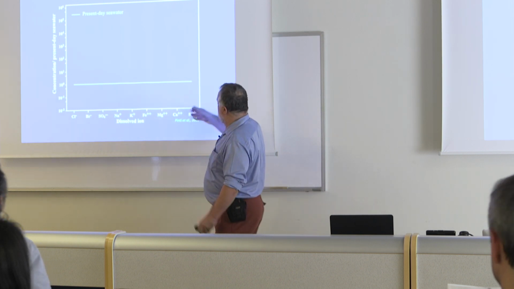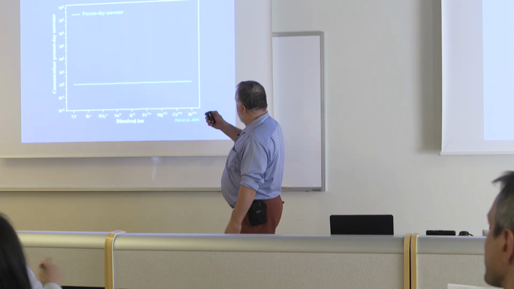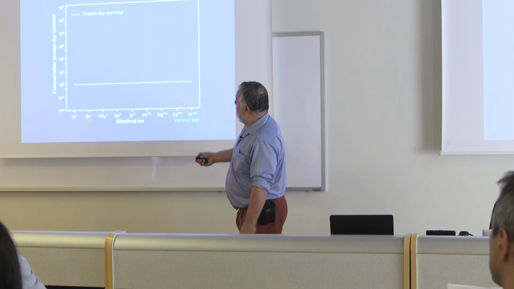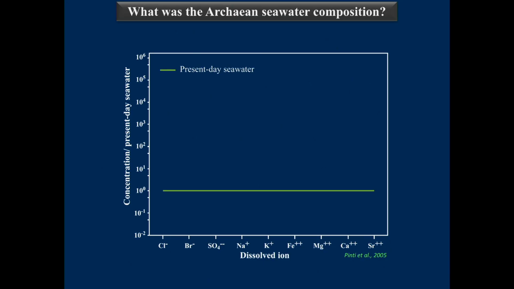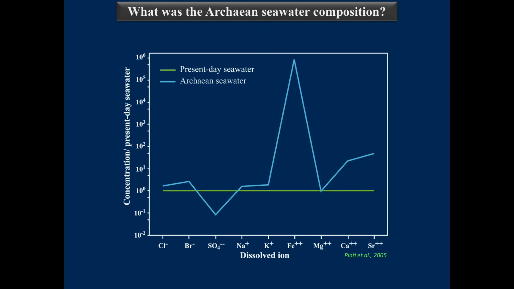This study shows that, since the work of Daniele Pinti, we have looked at several ions, normalized to the concentration of present-day seawater. So today, the seawater has this normalized composition, and in the Archaean, there are big differences.